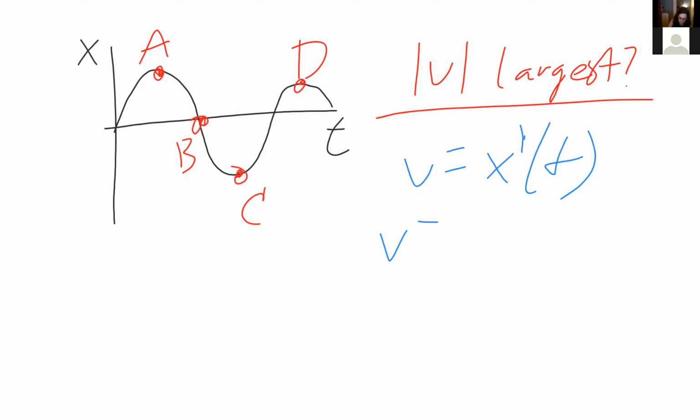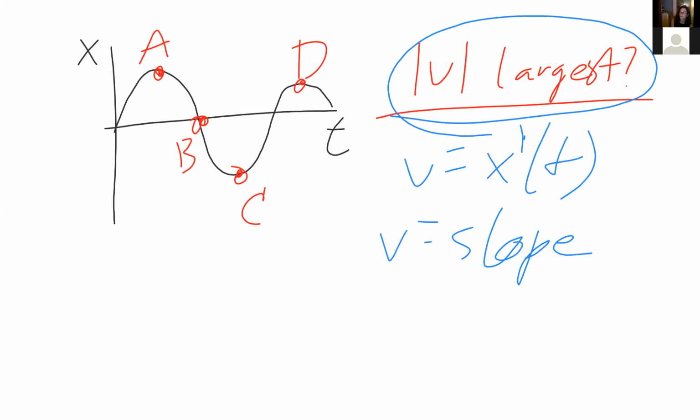So my velocity would be equal to my slope on this graph. By asking when the magnitude of the velocity or the speed is largest, they're saying, when do you have the largest slope, either positive or negative? Well, A is near a slope of 0, C is near a slope of 0, D is near a slope of 0. B, though, you have this very large negative slope. And so there's where your speed would be greatest in this problem.